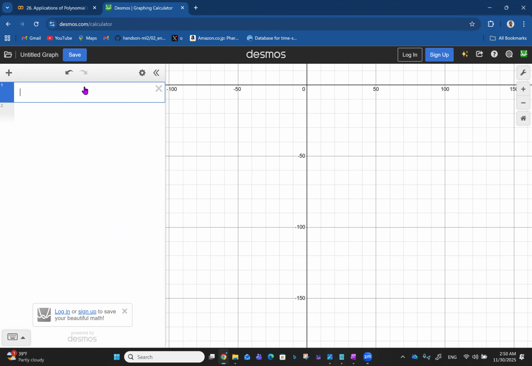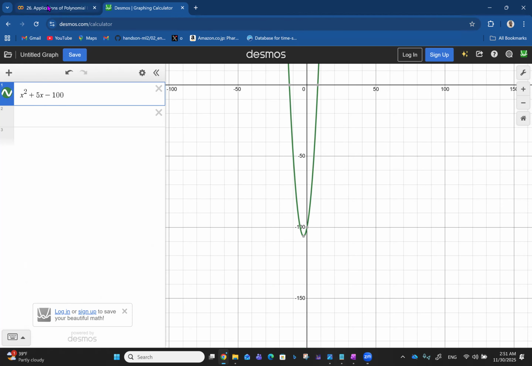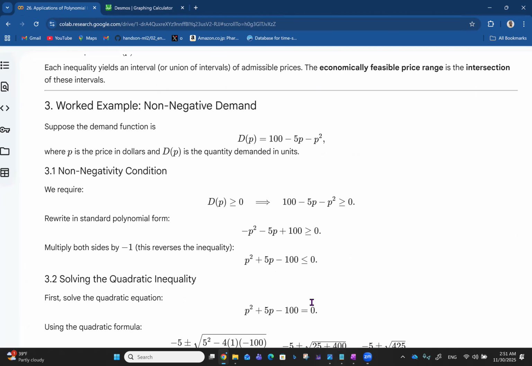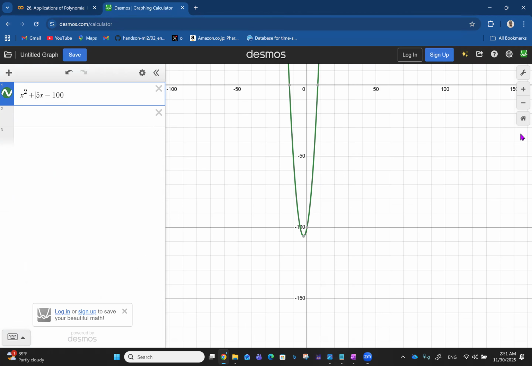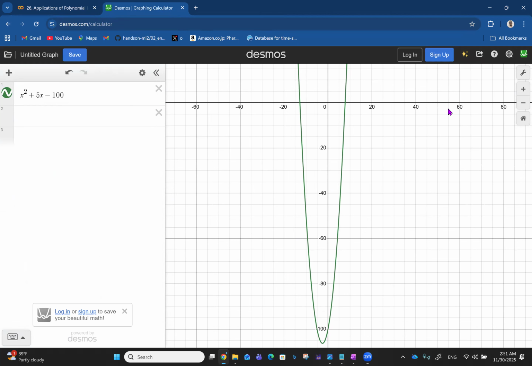Okay, that's too big, so we have to shrink it. We have this point now, that's minus 12.8, and this is not the admissible part. This is the admissible part.